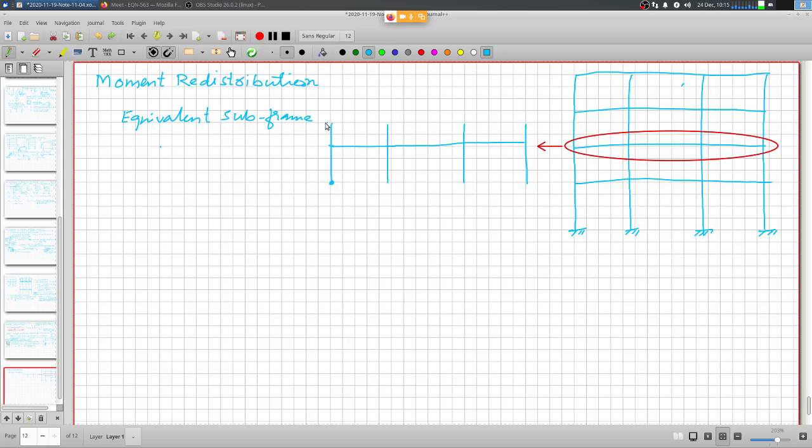So again, we consider the mid height of the columns on either side of the one particular level of beams, and those are the points of contraflexure, as I had mentioned earlier. And then let's say this is the jth level, jth floor.